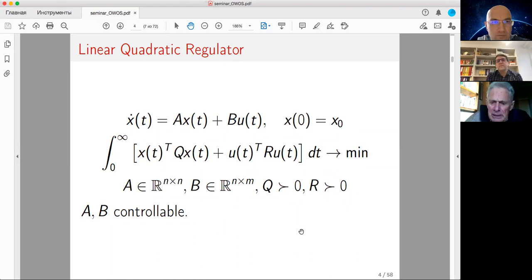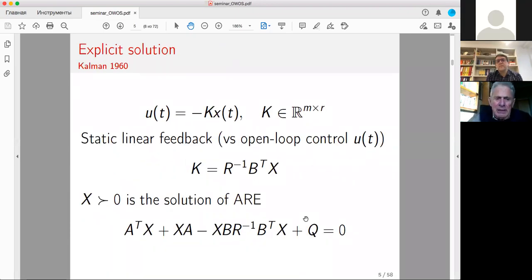Well, it is the famous problem, as I said, and it was stated and solved by Kalman as early as 1960. And the result was that optimal control has the form of a static linear feedback of the state.